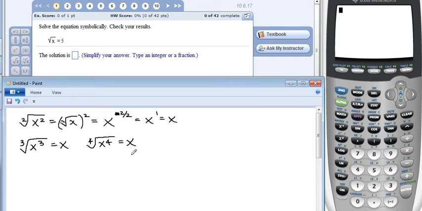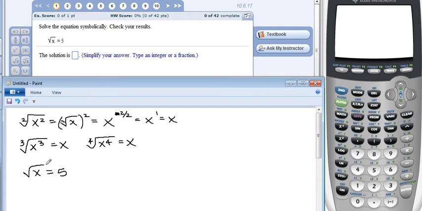All right. Now remember, in algebra, now that we have equations, we have a left side and a right side, and whatever we do to one side, we have to do the exact same thing to the other side. Okay, so we're solving for x. We want to get rid of that square root. So the only way that I know how is by using this method up in here.